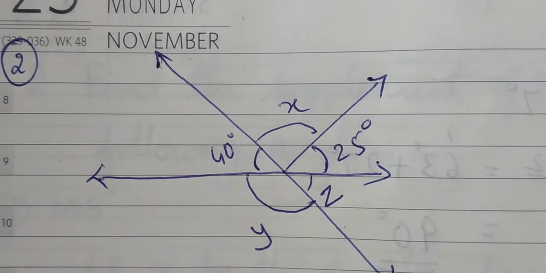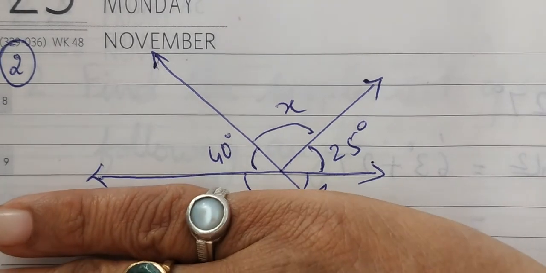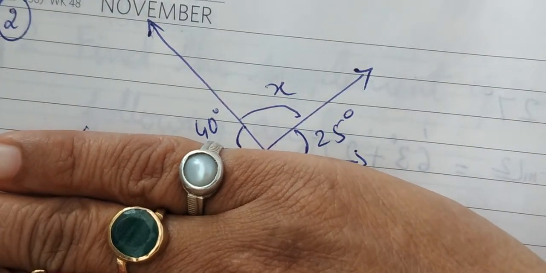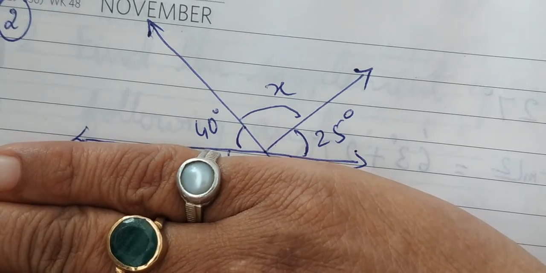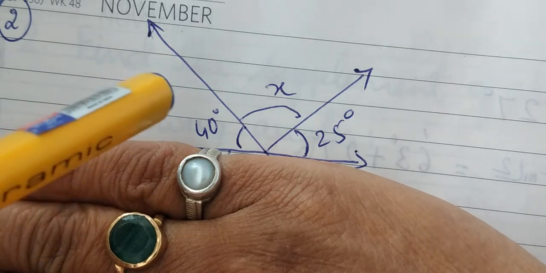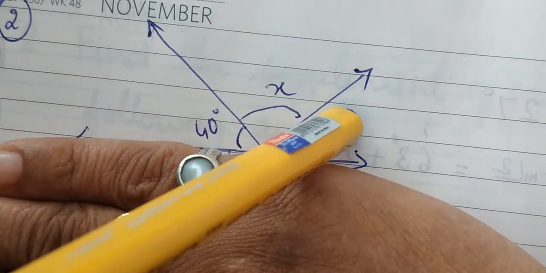Now if I close this, we can get two sections out of this figure. If I cover the lower part of this line, you can see angles 1, 2, 3.